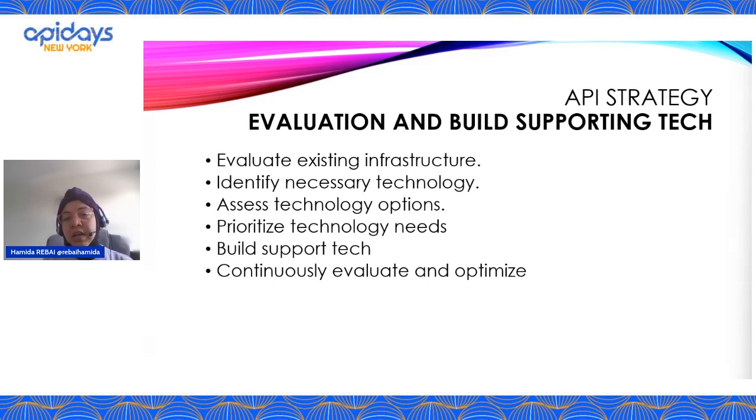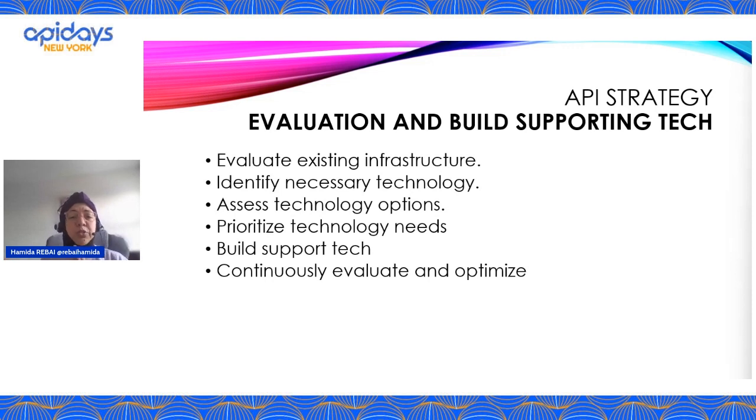We identify any gap areas to improve, and this may include evaluating your current technology stack, such as your server infrastructure, data storage, and API management platform. So we need to identify also the necessary technology to support any API program. It may include technology for API design, development, testing, deployment, and management.